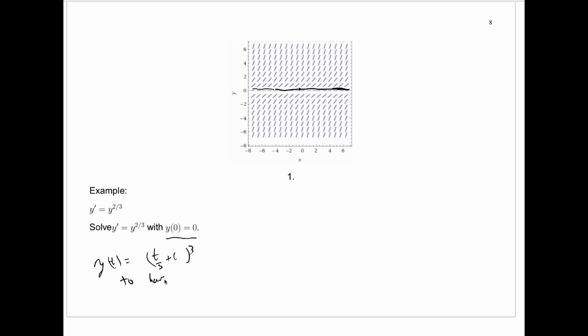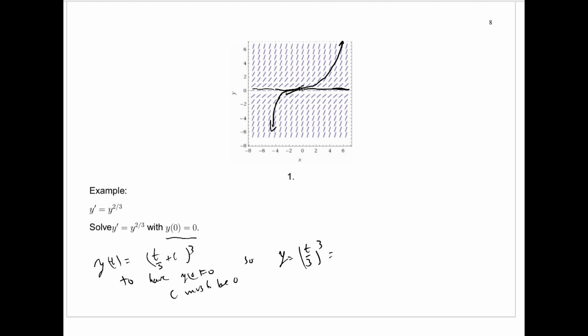To have y of 0 equals 0, it's pretty easy to see that c must be 0. So we get y equals t over 3 cubed, which is easy to graph here. That looks something like this. It starts out very flat, and then it follows down like that.